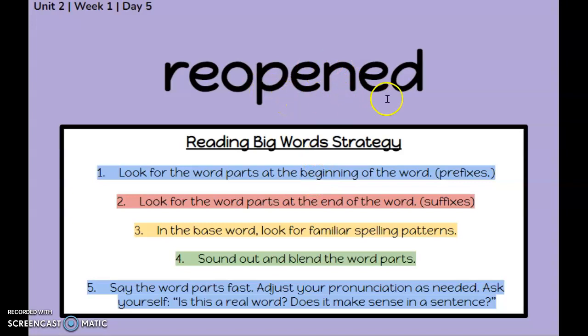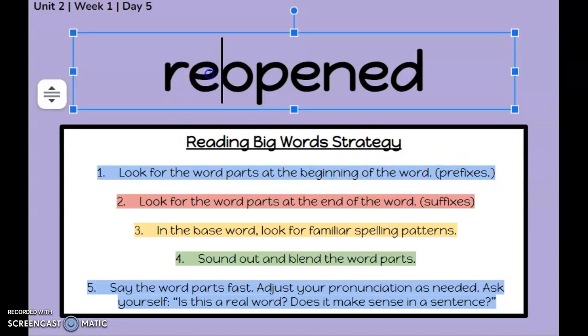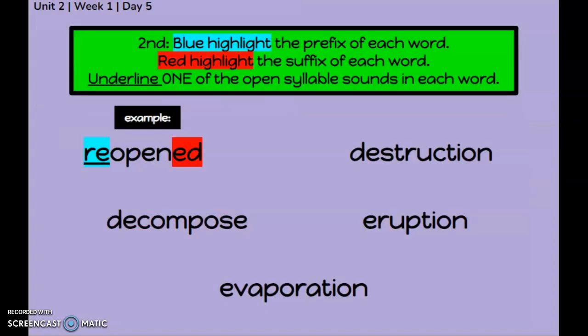Reopened. Well, when I read big words, these are the strategies I can use. I look for the word parts at the beginning of the word, or the prefix. Re. I know that re is a prefix. Reopened, just like it says down here.